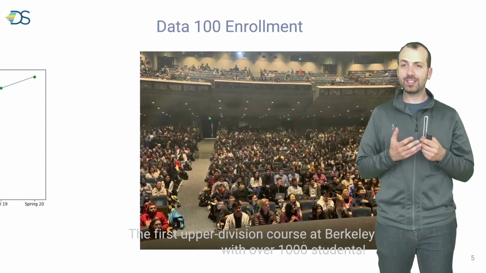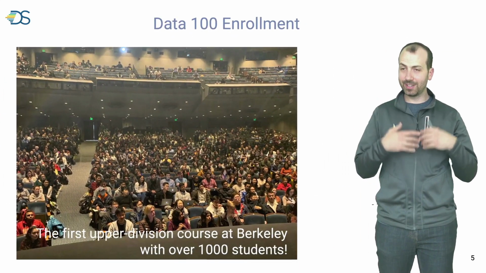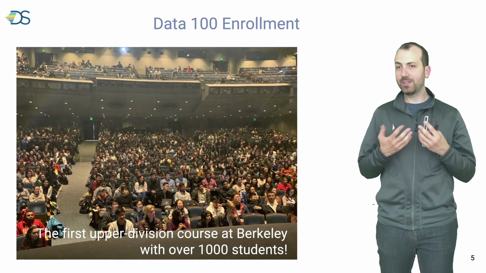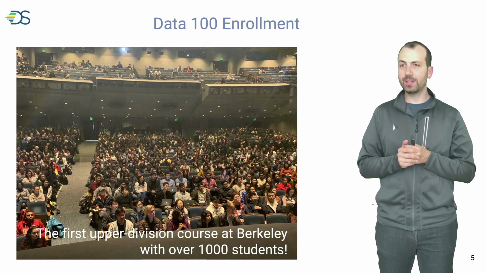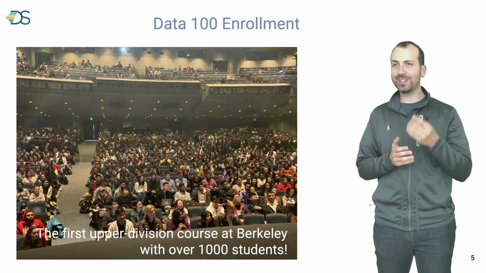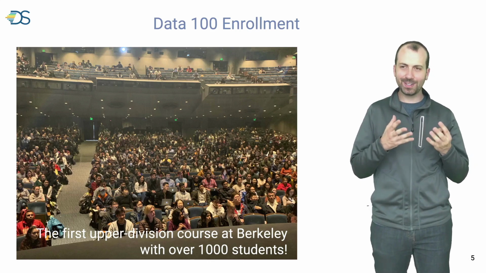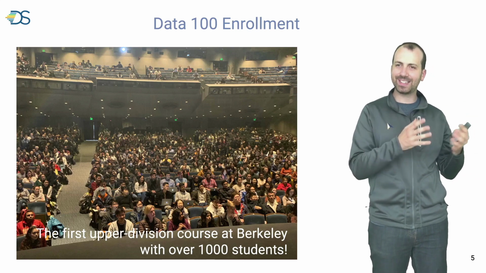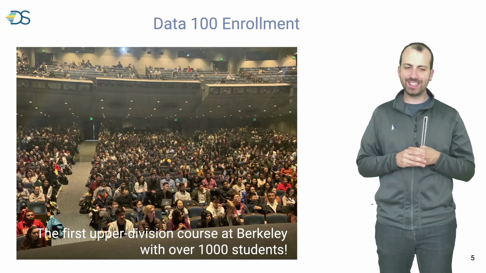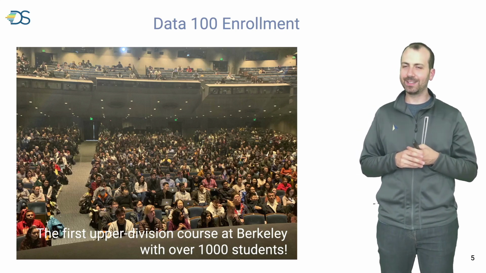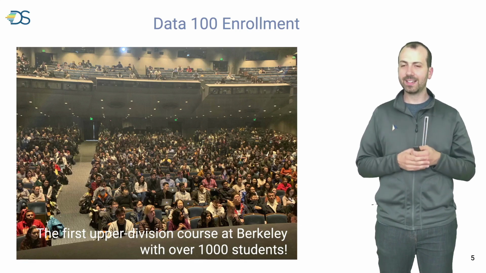When I got a chance to teach it again last spring, it was the first upper division class to break over 1,000 students. Our first lecture was in this giant Zellerbach Hall, where the opera goes, famous dances take place. I got to stand on that stage and teach data science to over 1,000 students. So it's pretty exciting. It's a very big class.